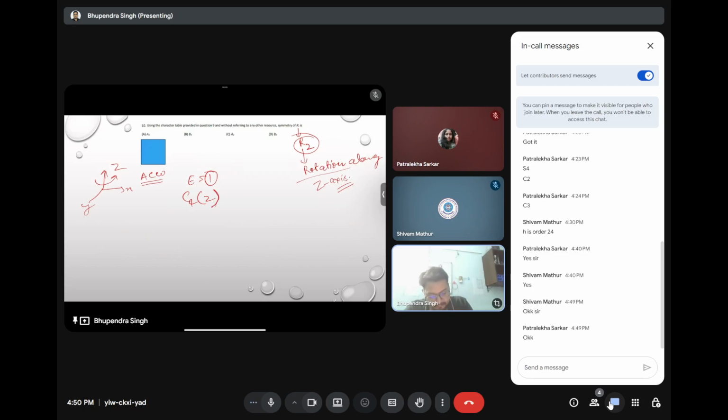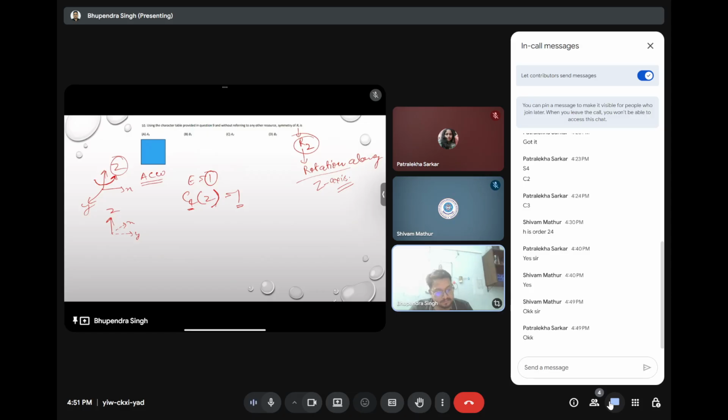By rotating it along the Z direction, Z will remain Z. It is not going to change, right? These will change. Let's say if it is 90 degrees, it will be like this, X and Y change, but Z will remain Z. So 1.